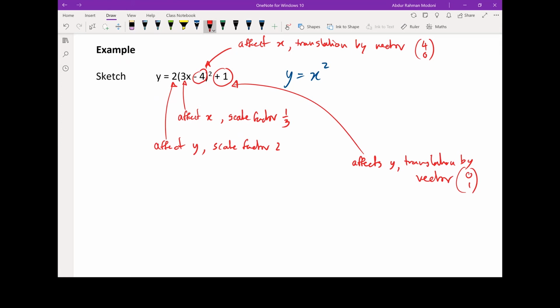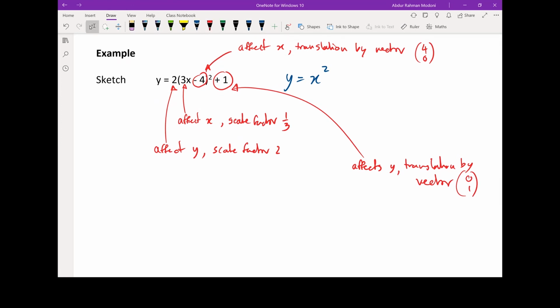So we have 4 transformations applied here. Now we've got 2 applied in the x direction, 2 applied in the y direction. Now the order in which we do these transformations is of importance. We look at the order for the x first, and then the order for the y. With the x's, we're always doing the inverse. Normally we would follow BIDMAS, but we would do the opposite with x.